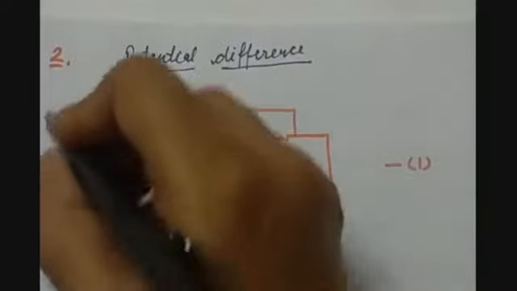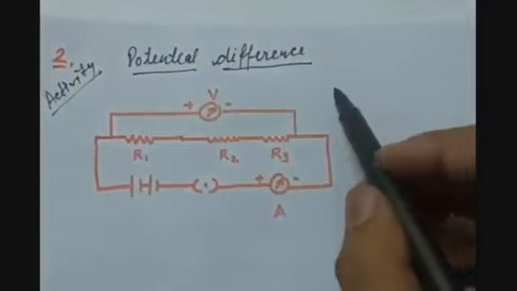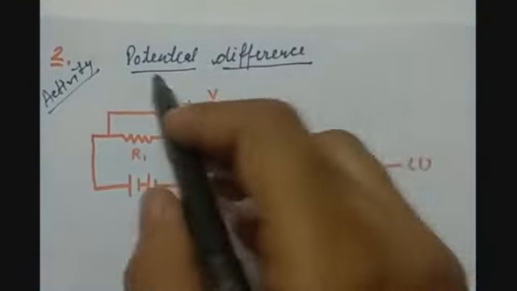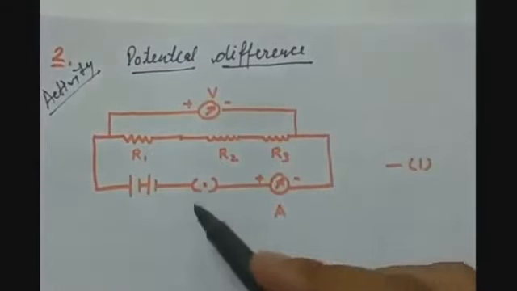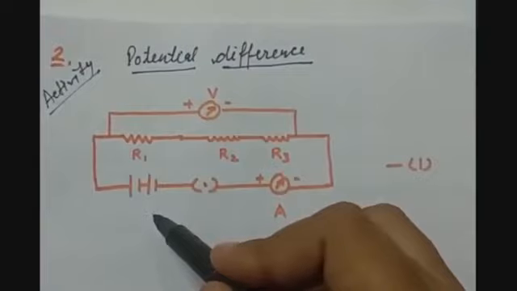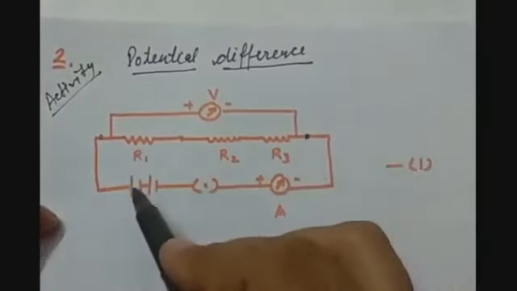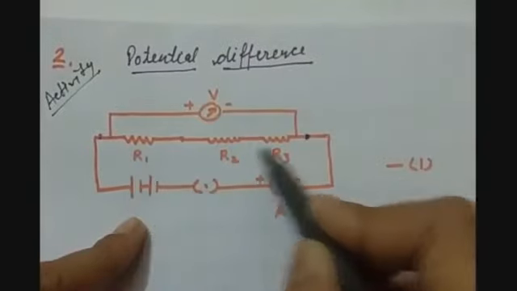Now with the help of the second activity, we will see what is the effect of this series combination of resistances on the potential difference of the circuit, or what is the relation between the potential difference applied across the ends of the system of conductors and the potential difference across each resistor.